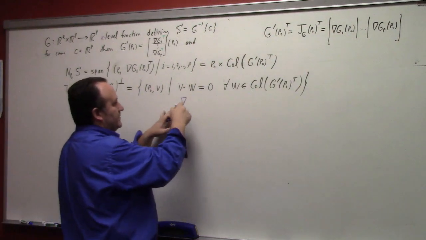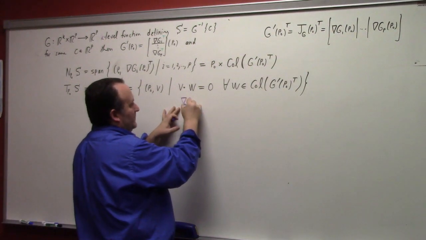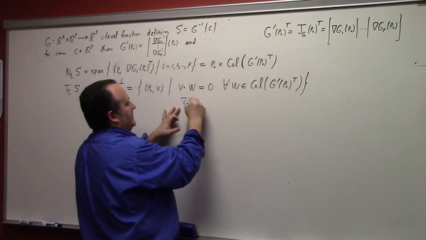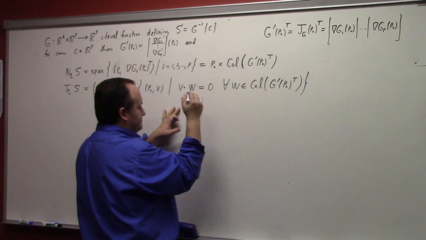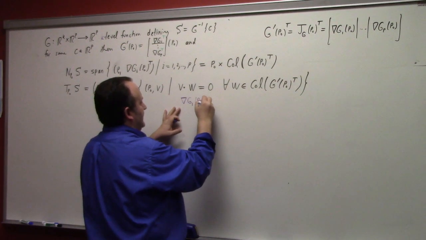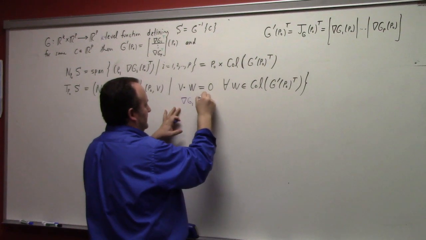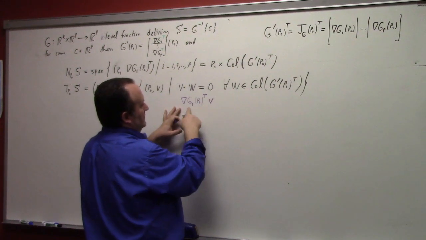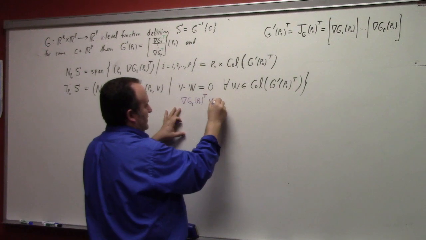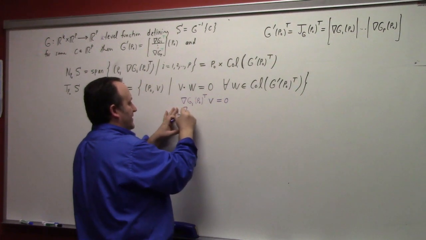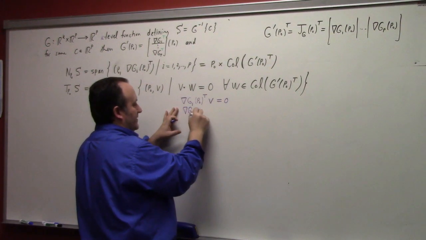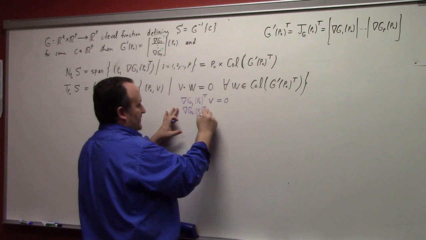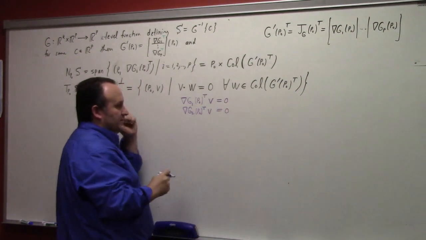But anyway, so here, gradient of G1 at P naught transpose times V is like one of the equations, equal to 0. And then you've got gradient of G2 at P naught transpose times V is another one of the equations.